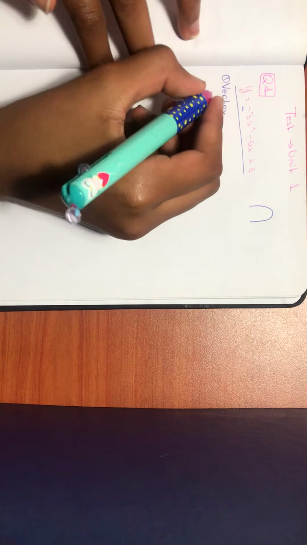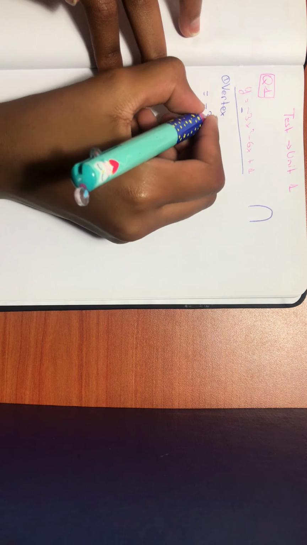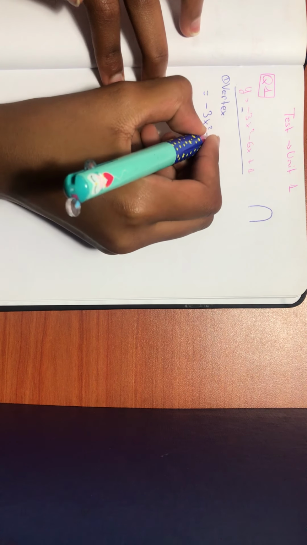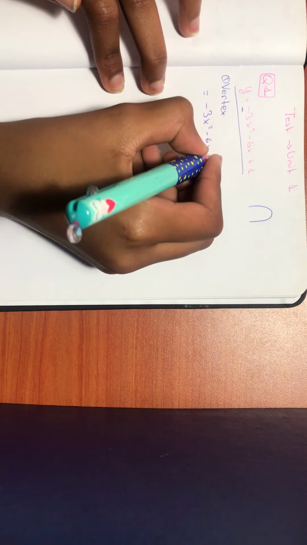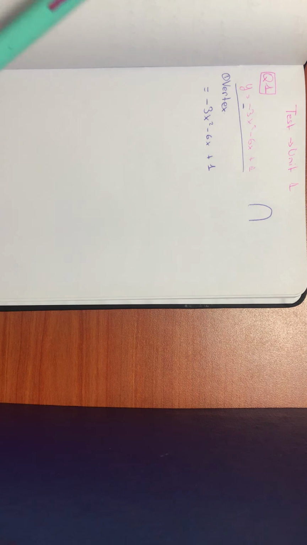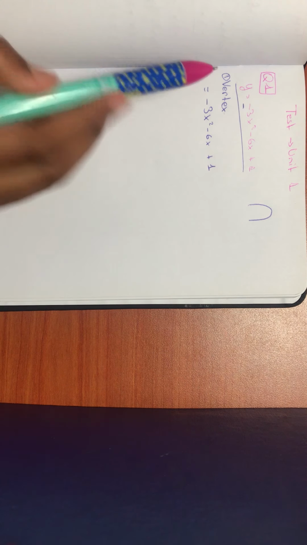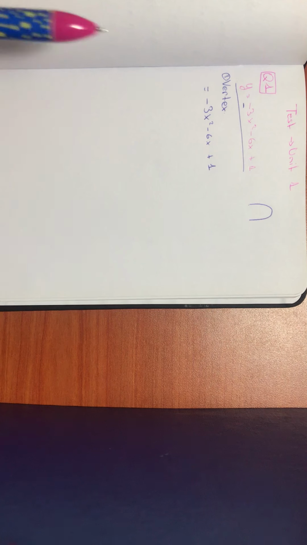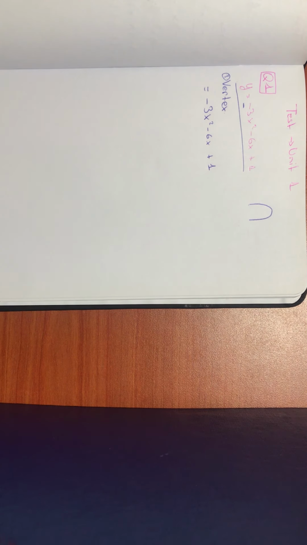So firstly, I'm just going to rewrite my equation, which is negative 3x squared minus 6x plus 1. And I've been thinking about this equation a lot because I've had a lot of trouble with it. So basically, I don't like having this negative 3 in front of the x, so I'm just going to be factoring it out.